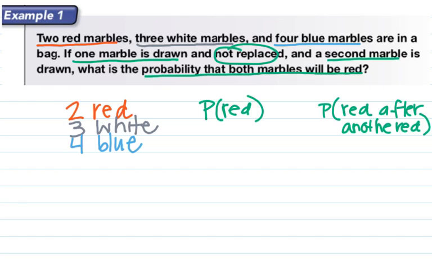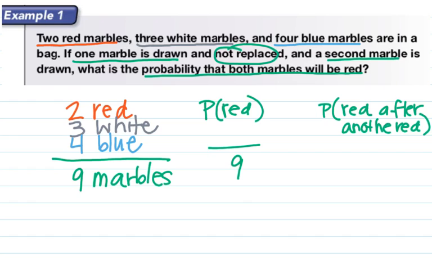First we need to know how many total marbles we have. Well, 2 plus 3 is 5, plus 4 is 9. So we have 9 marbles. Our total possible is 9. We have 2 red marbles, so our number of favorable outcomes is 2.